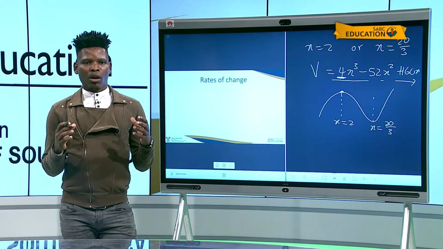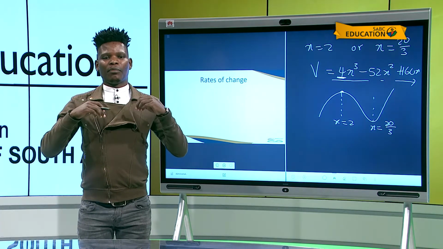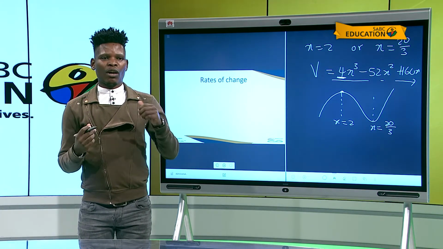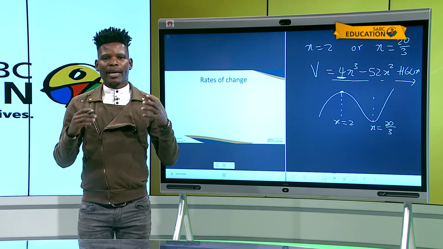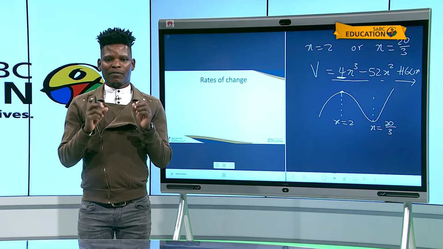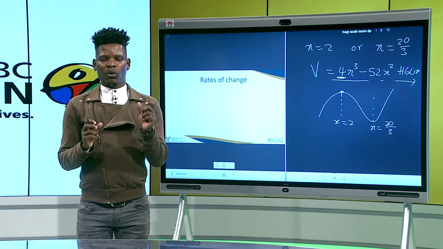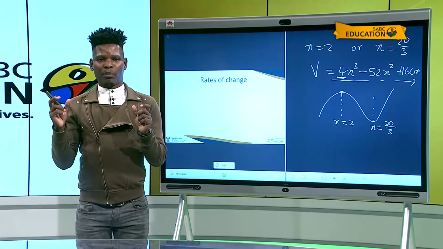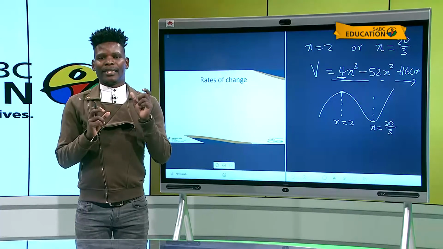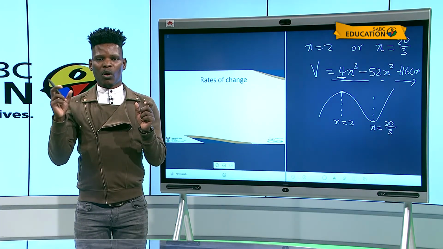You then solve for the value of the variable where you are either going to have a minimum or a maximum. But we are not sure whether that value will give you a minimum or a maximum.